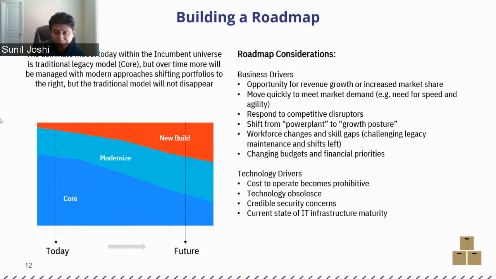What that means is, from a CIO standpoint, the dollar amounts that we spend on just maintaining the core, keeping the lights on type dollars, should get translated more into innovation dollars, which is on the top. That's really what that means.